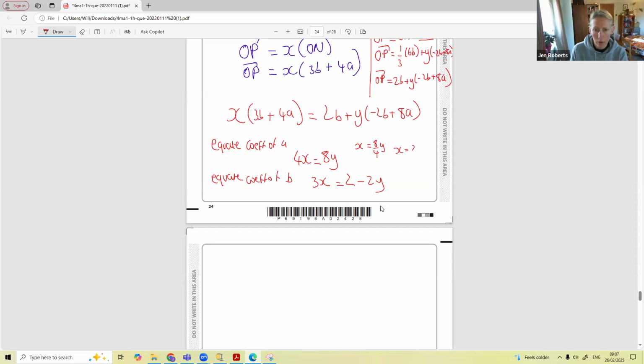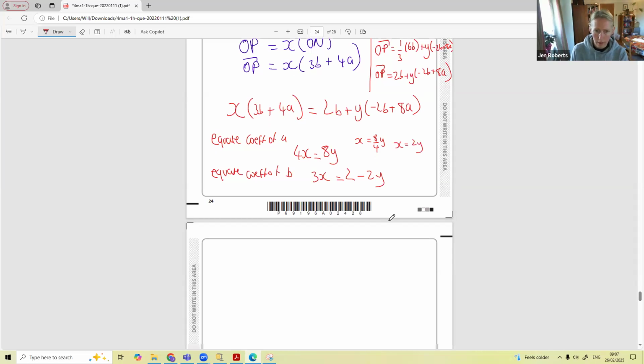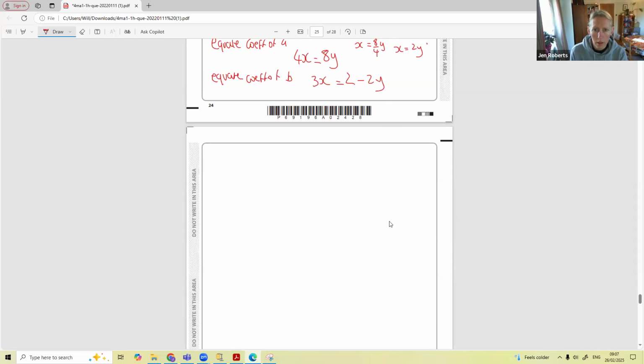X is equal to 2y. If x is equal to 2y, I can just substitute that straight in. So I can say 3x is equal to 2 minus x. Let me add an x to both sides. So x is equal to a half.